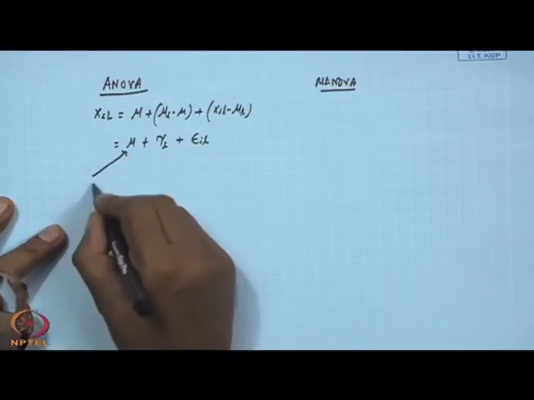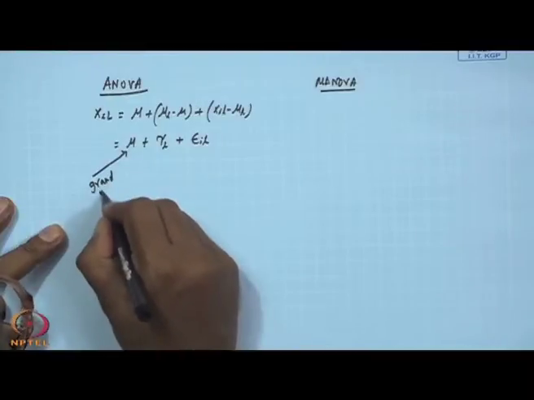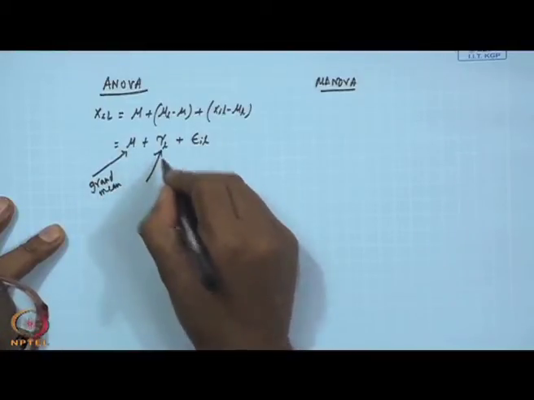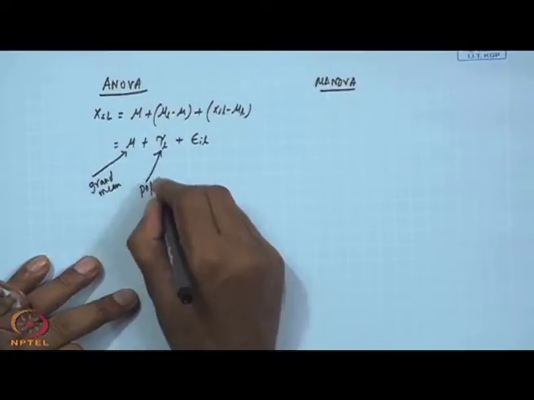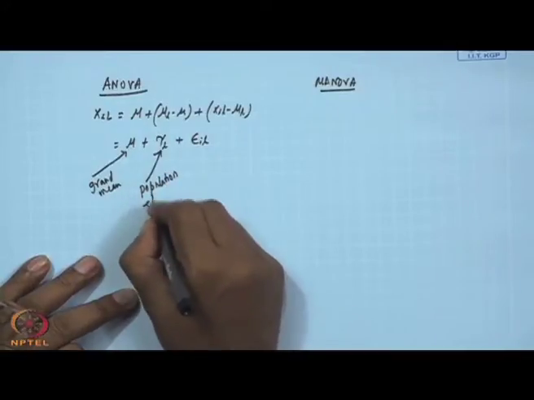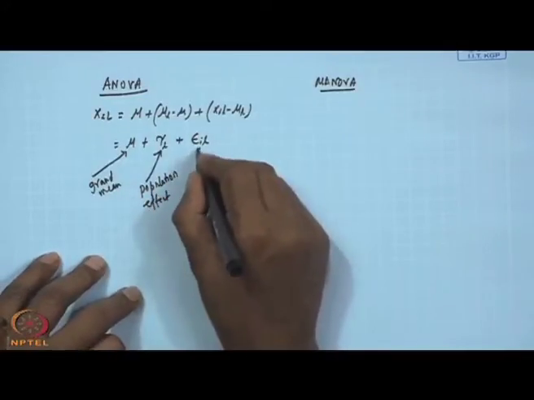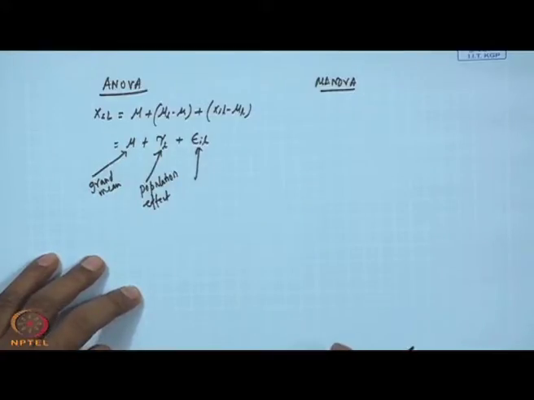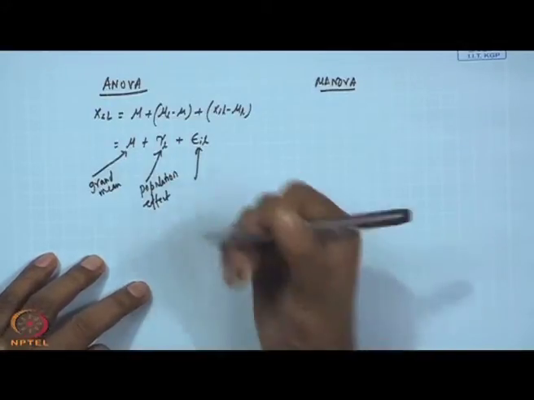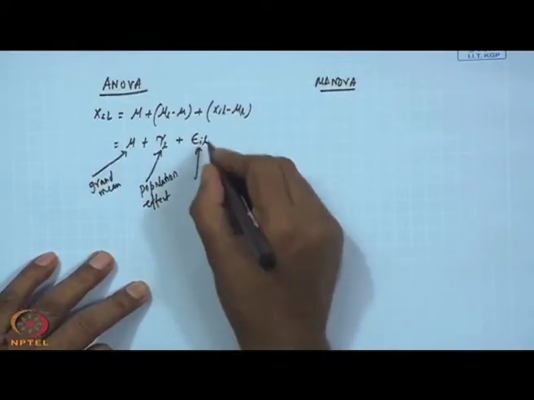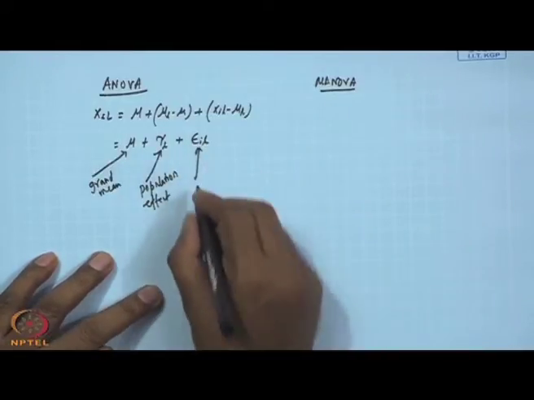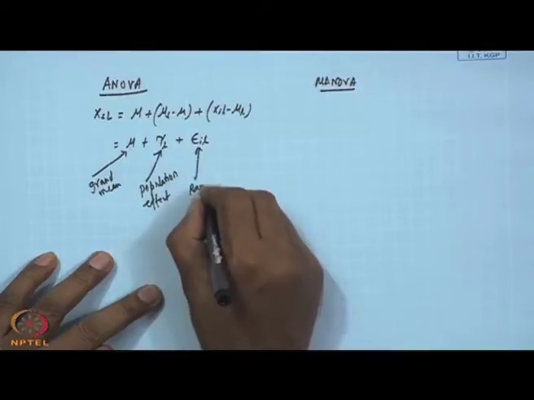Mu is the grand mean, tau L is the population effect, and we are saying that no model is perfect, it cannot predict the exact same value for all the observations, there will be random errors. So epsilon IL is the random error part.